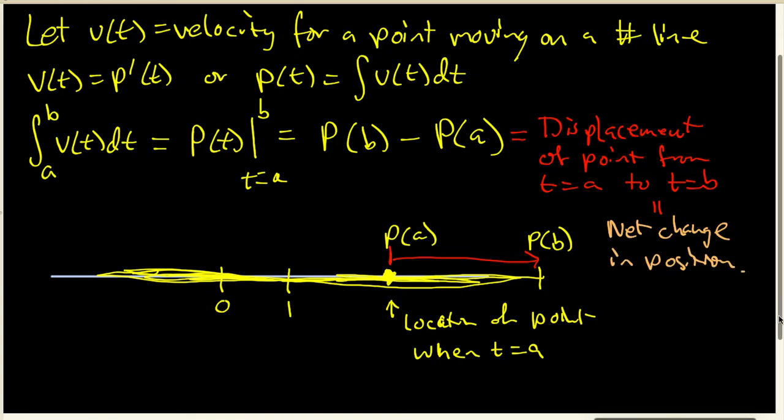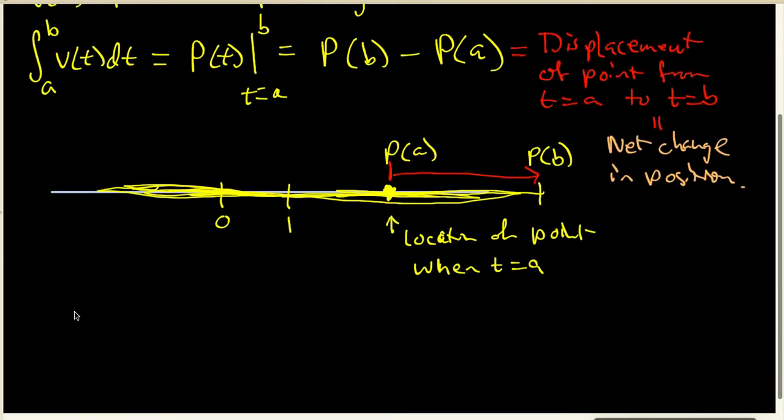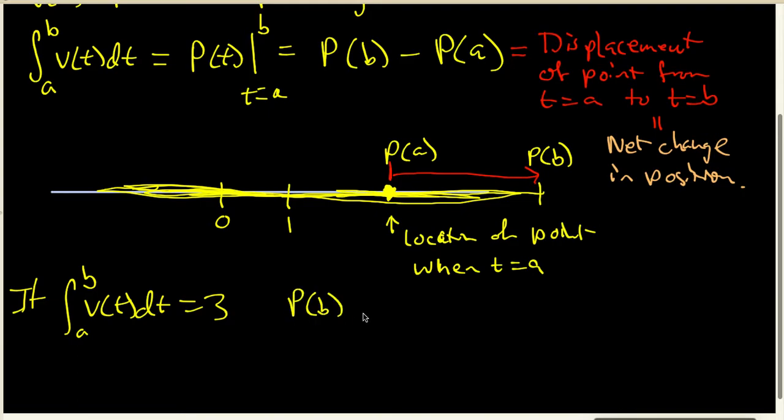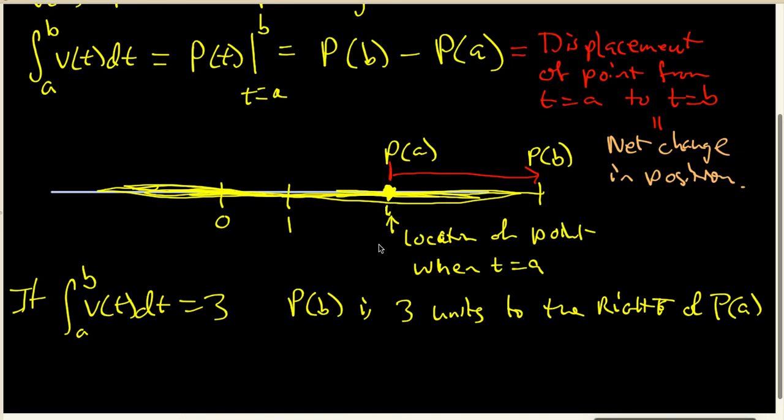And what I mean by that is as follows in this particular kind of example. If this definite integral turns out to be positive 3, that means p of b is 3 units to the right of p of a. In other words, if this was 2, this would be 5.